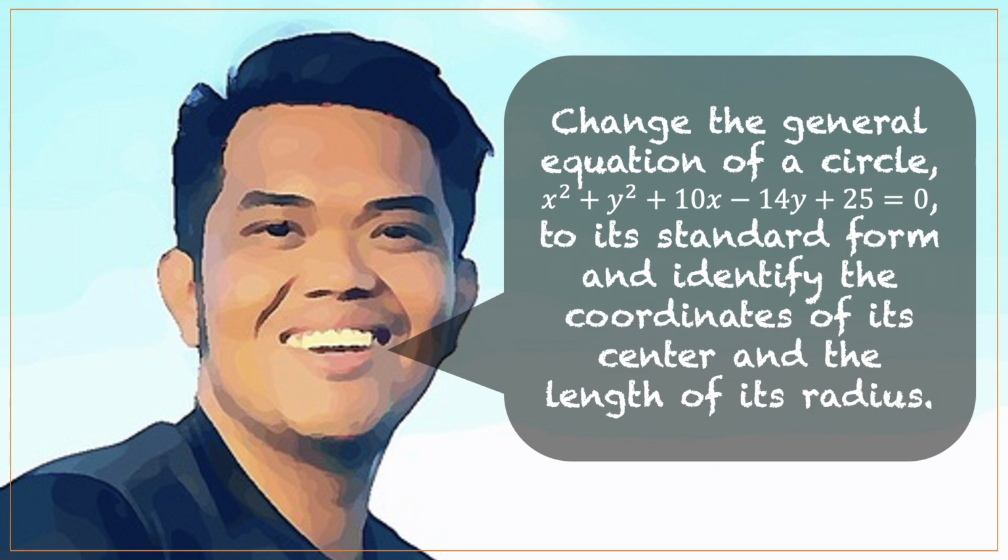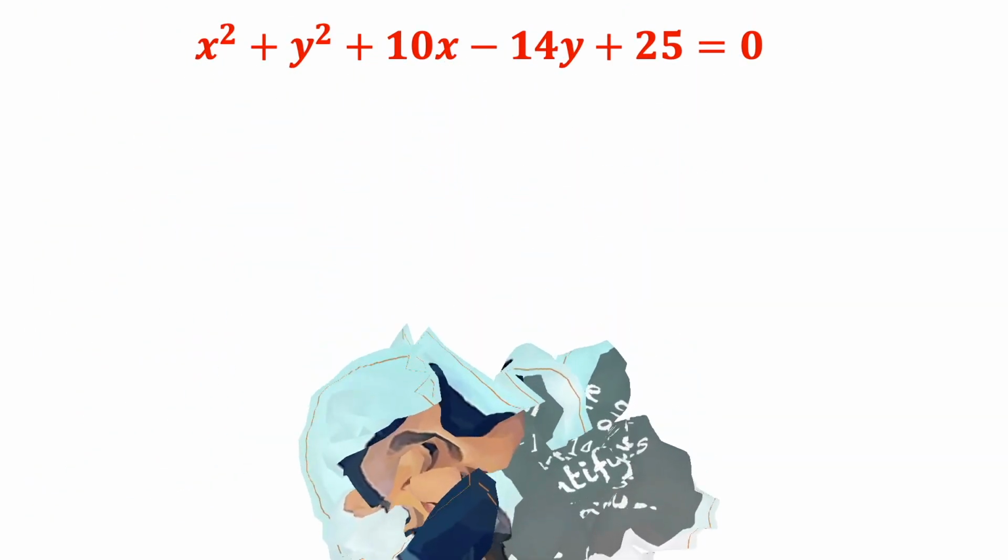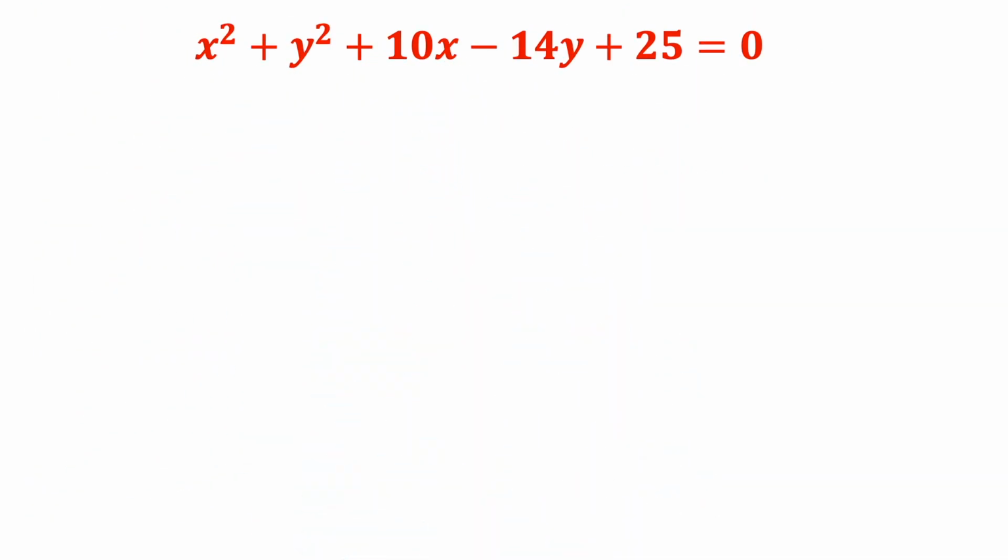Hence, I devise suggested steps you may choose to follow when converting general form of a circle to its standard form. I said in the start of the video that we will use completing the square method for this.